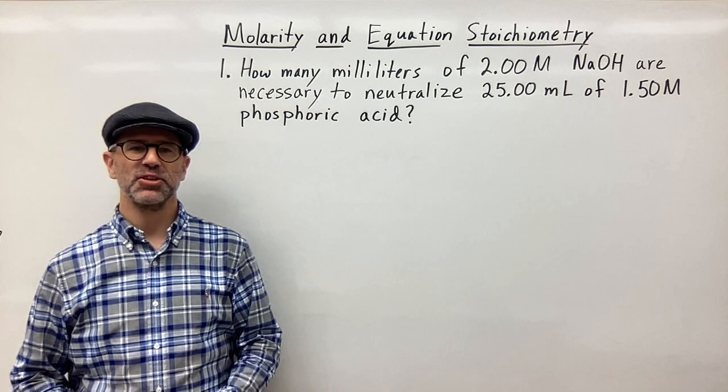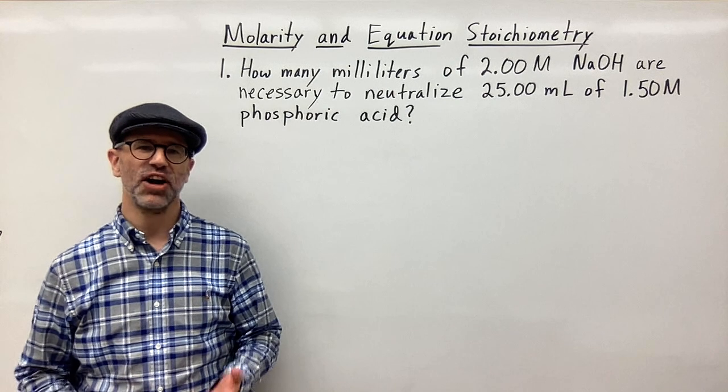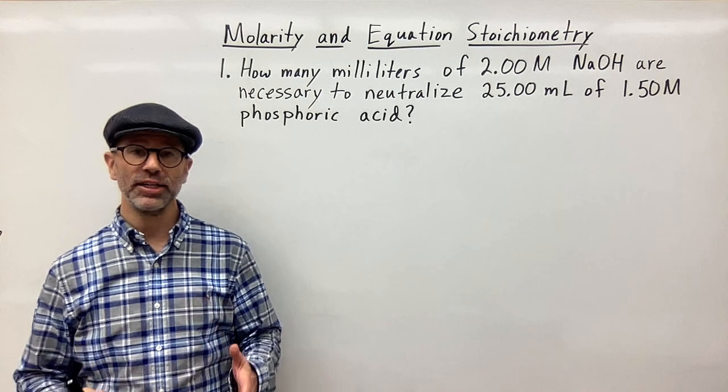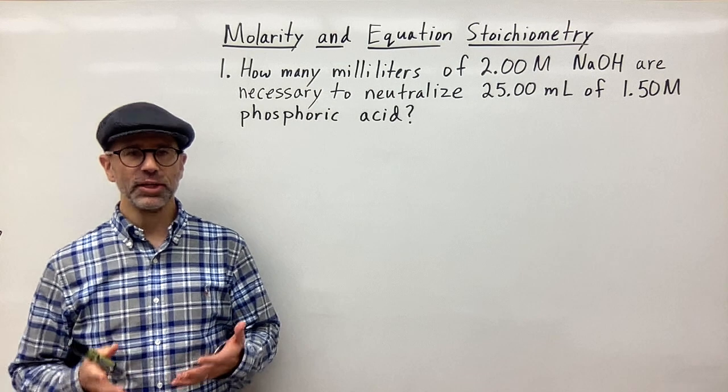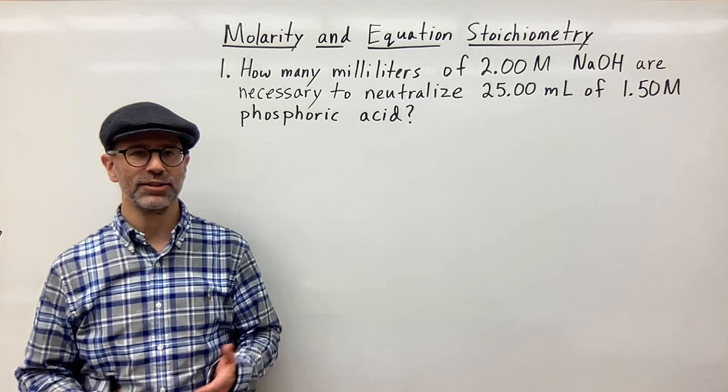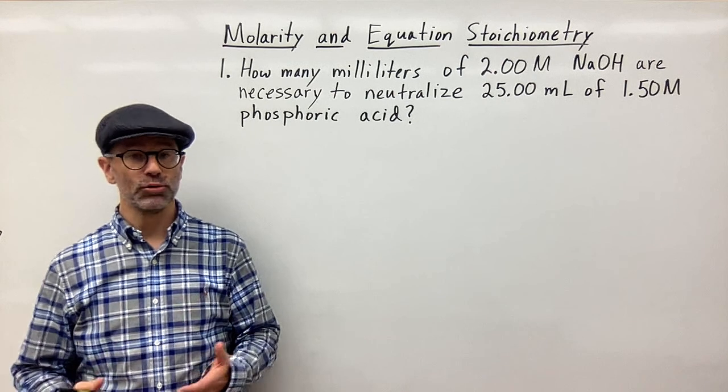My name is Mr. Cobalt, and in this video I'm going to be going over molarity and equation stoichiometry. What I'm going to show you is how you can use molarity as a conversion factor to convert to moles.